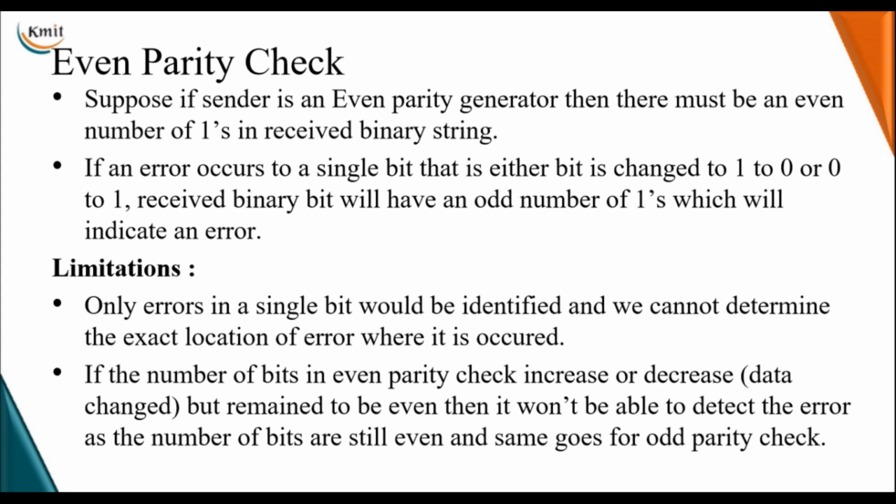So these are the two limitations: only single bit errors are detected here, but the exact location we can't find, and if multiple bit changes satisfy the parity scheme at the receiver end, it is not asking for retransmission. These are the two limitations of the even parity bit method, which is an error detection method.